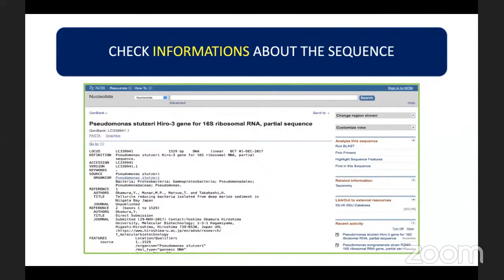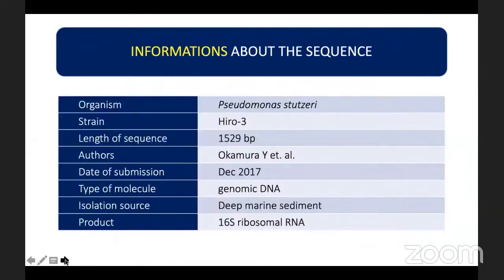So every DNA sequence or protein sequence being submitted in a DNA data bank is curated. Somehow they are peer reviewed. The information, like for example, the authors, the source organism, the type of the molecule, the isolation are reported. So this information is highly important when analyzing or using BLAST analysis.